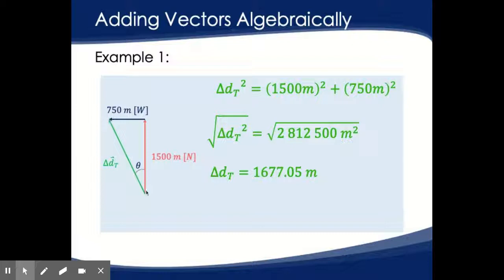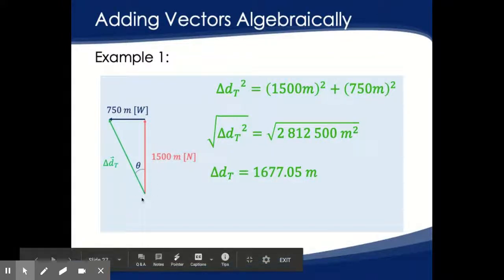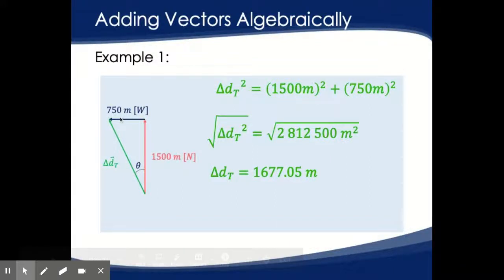So our resultant vector is the green line. You want to solve for the resultant angle and the resultant vector, okay? Because you're trying to figure out where you are in reference to where you started. So we're looking at displacement on these. Displacement will always include the value and the direction.